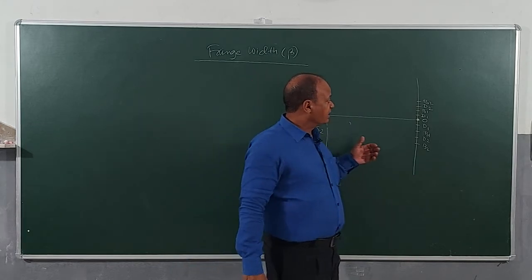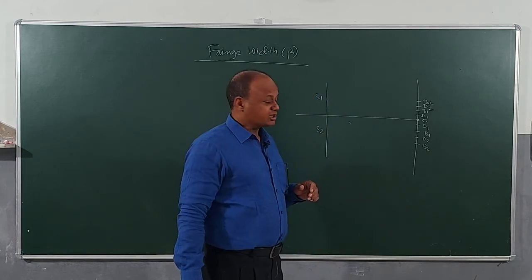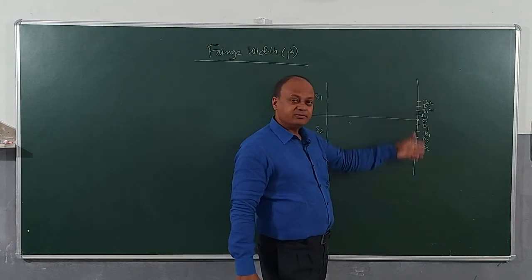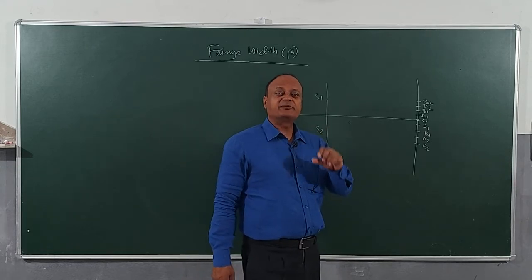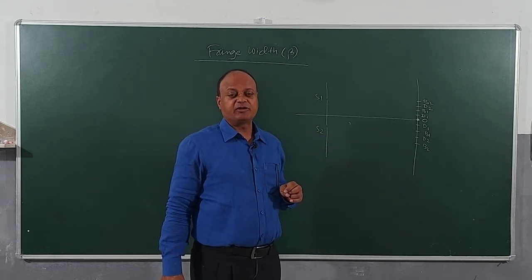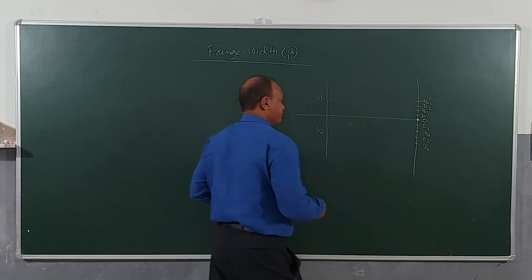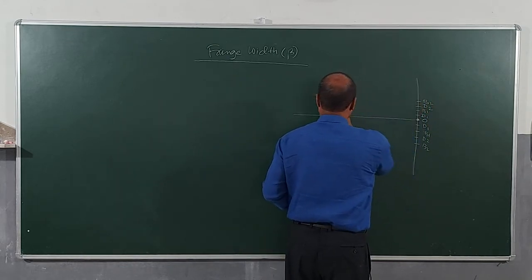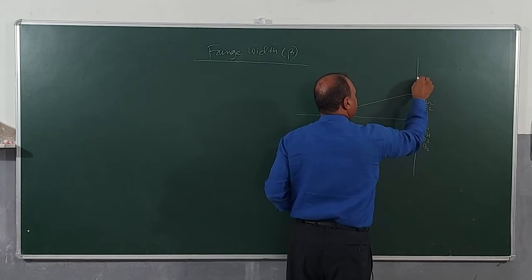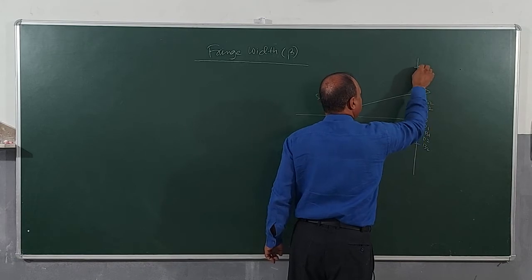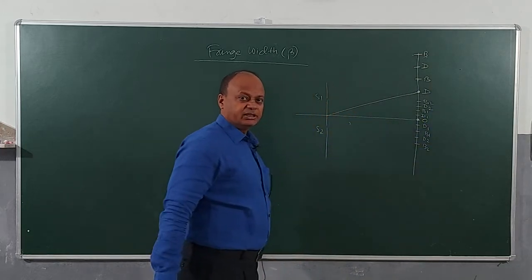Now, what we will do is, we will understand what exactly is fringe width. It is interesting to see that on a screen, all the bright and dark spots are separated by a fixed distance. Are separated by what? A fixed distance. If I consider, let us see a magnified view of this. Suppose I have a dark fringe D, then a bright fringe B, again dark fringe D, and I have bright fringe B. Clear?